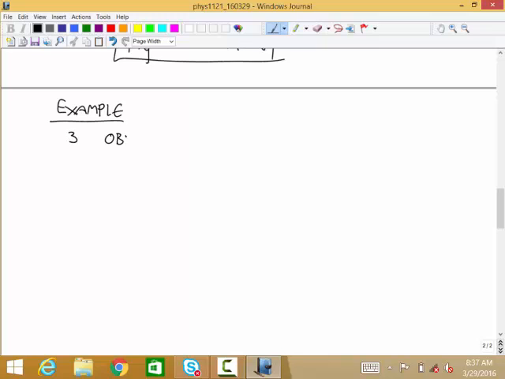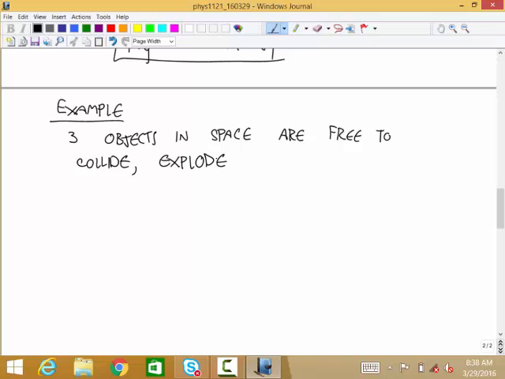So three objects in space are free to collide, and they have internal things going on, some kinds of motors or whatever. So we'll say they can also explode, whatever is happening. But there's no external forces on this system of three things.